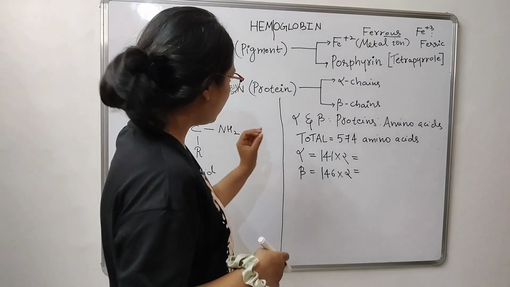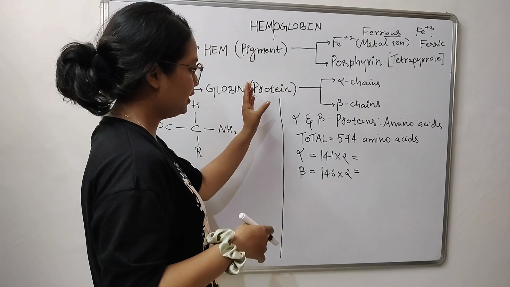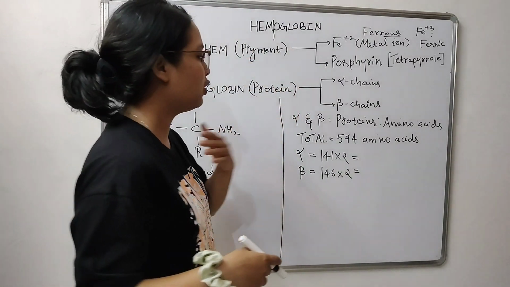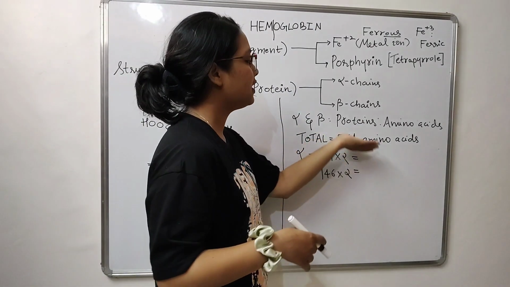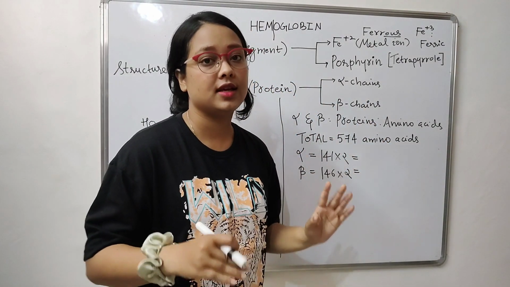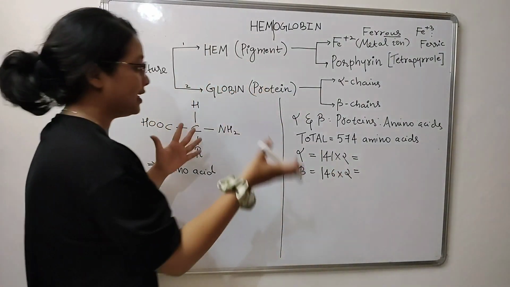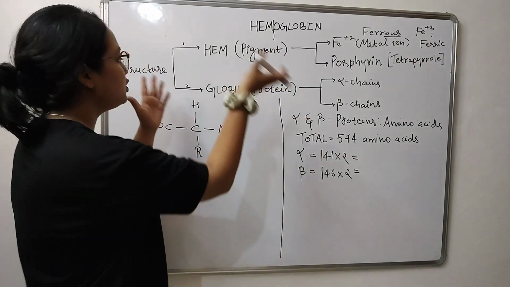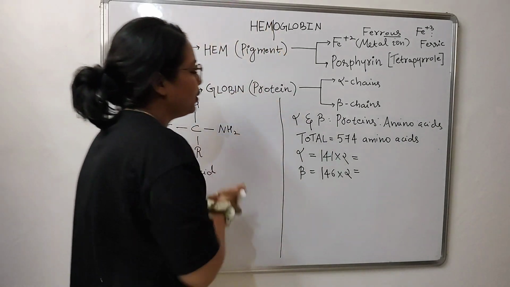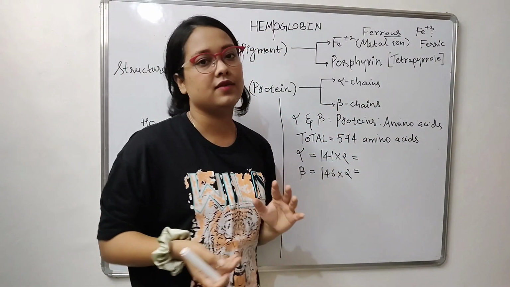Now, in a molecule of hemoglobin, we have 574 amino acids. Important to note: the total number of amino acids comprising the alpha and beta chains, which make the globin part of hemoglobin, is 574.